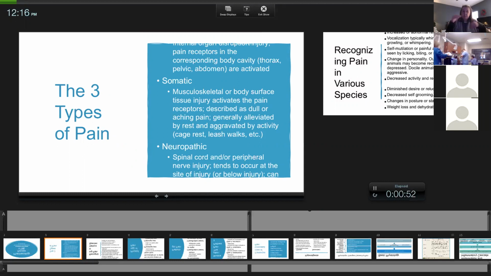Sometimes you hear about superficial and deep, but you have your deeper internal pain and then musculoskeletal surface pain. And then neuropathic is if we have a spinal cord or nerve injury type of pain. So it's about understanding the injury and understanding where it's coming from.